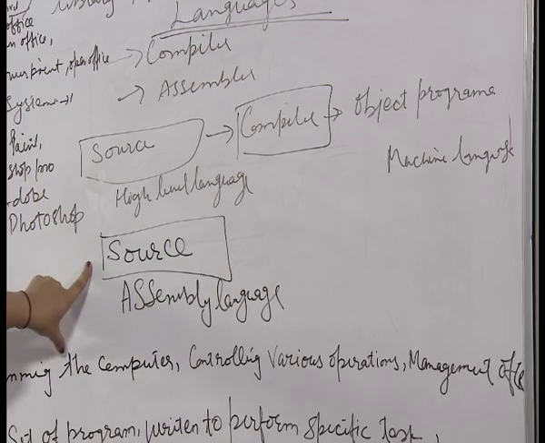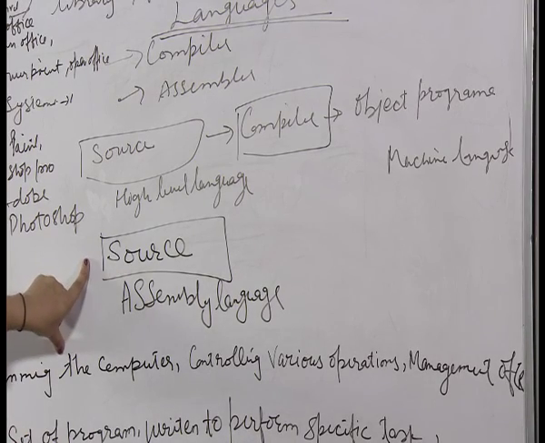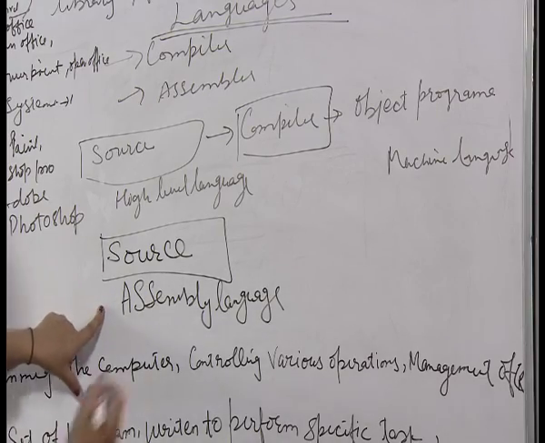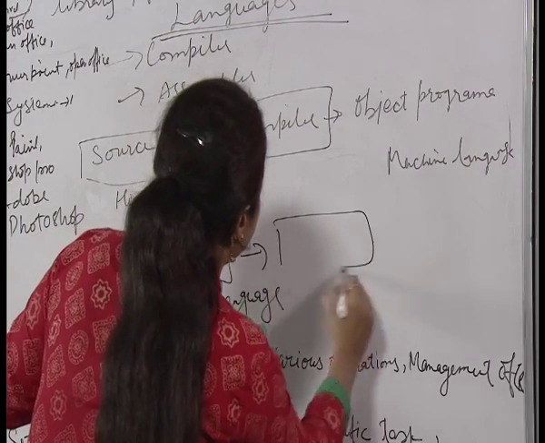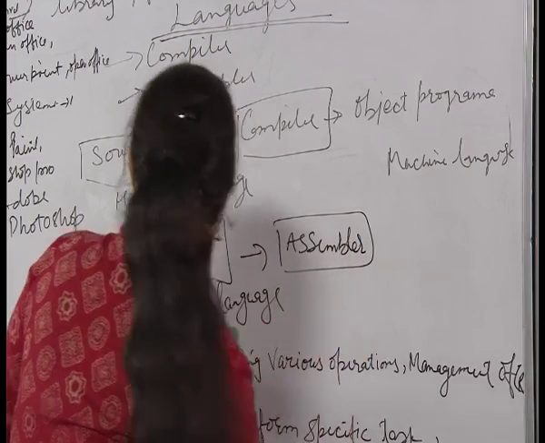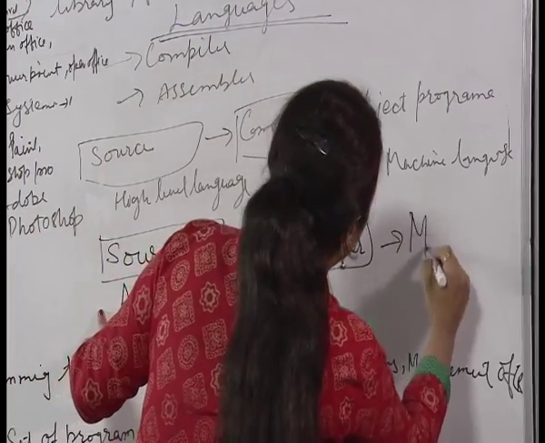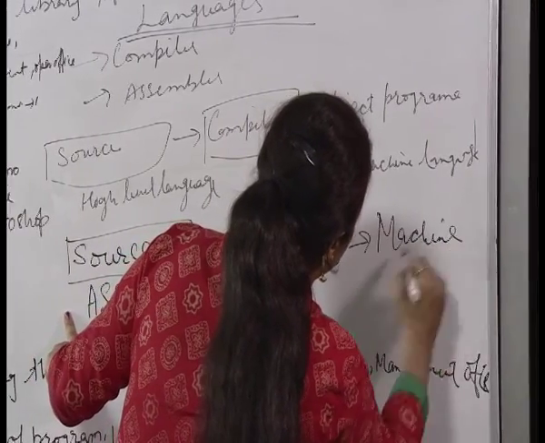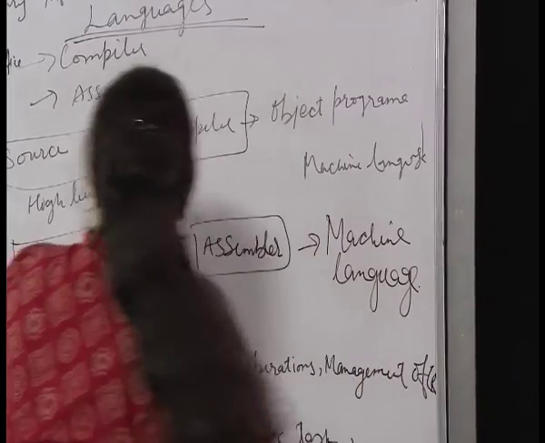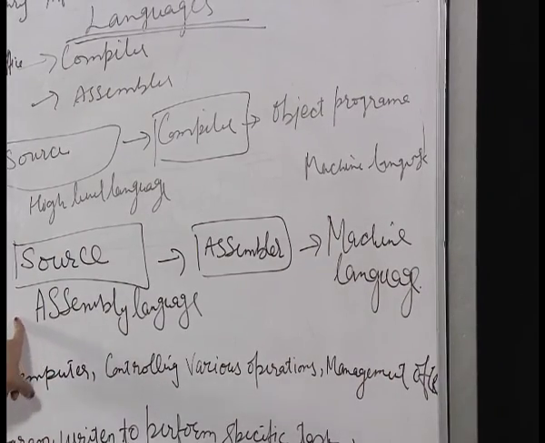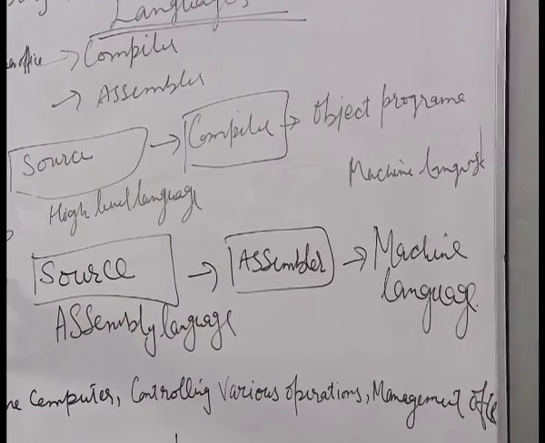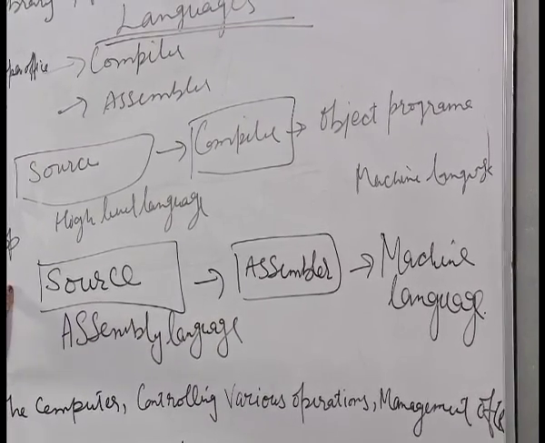So what is assembler? Assembler converts assembly language into a machine language. So we have two types of language translators, that is compiler and second one is assembler.